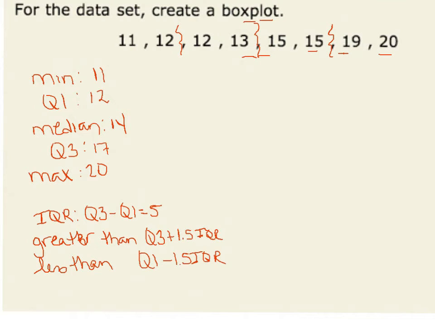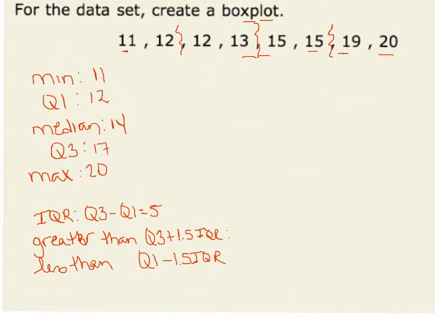We can see that our minimum and maximum do not seem to be extreme values. We could check this by finding the cutoff values for our outliers. We know that anything greater than 1.5 times the IQR, added to Q3 or subtracted from Q1, would give us our outliers.